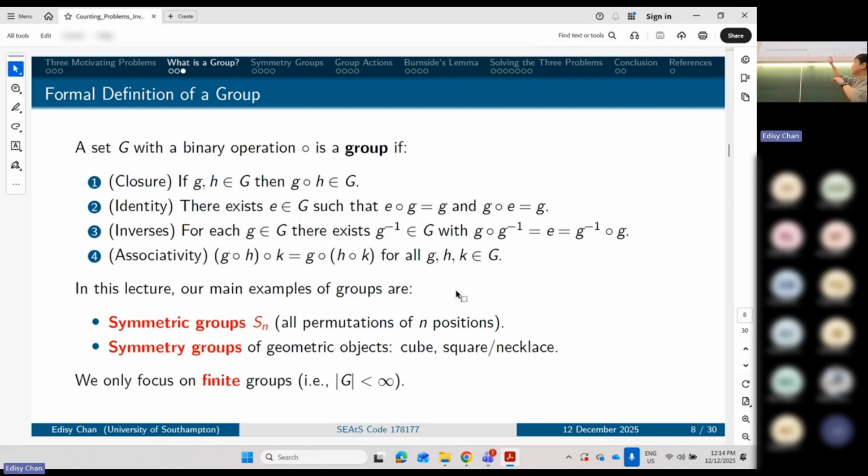It doesn't matter if you combine the G and H moves first and then do the K move, or you do the G move and then operate it with the combination of H and K moves. This part may be a little bit hard to understand abstractly, but when we really go through the problems and see more examples, we understand more about that.